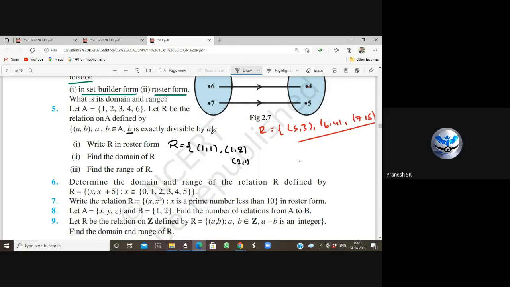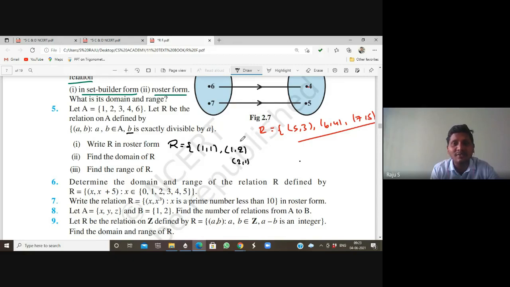Should we write 1 comma 2 or 2 comma 1? Since b is exactly divisible by a, 1 comma 2 is correct. If you write 2 comma 1, a is 2 and b is 1, which would mean a is divisible by b, which is not the relation. 2 is divisible by 1, so 1 comma 2.